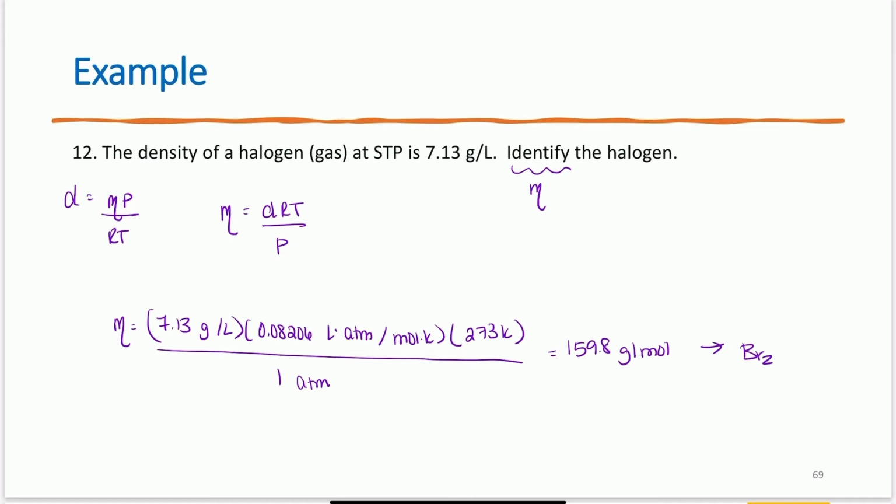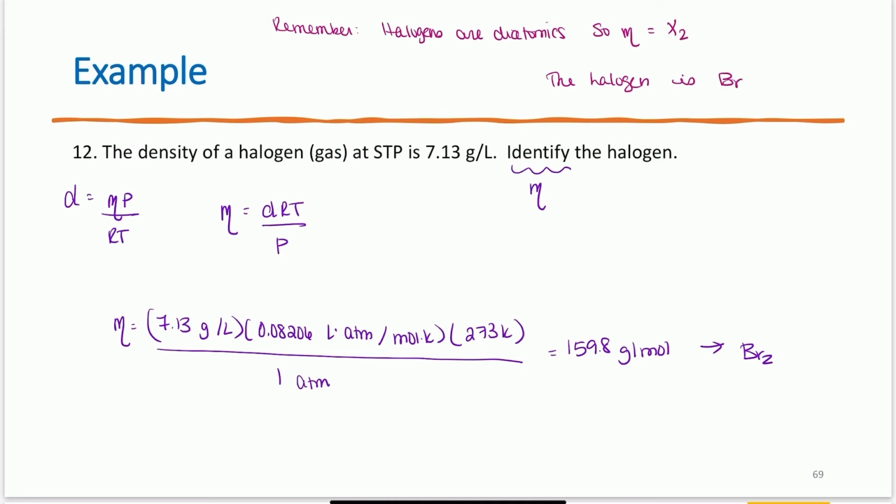Remember, halogens are diatomics, at least F2, Cl2, Br2, and I2 are. So molar mass is for X2. The halogen itself is Br, but it doesn't exist as Br, it exists as Br2.